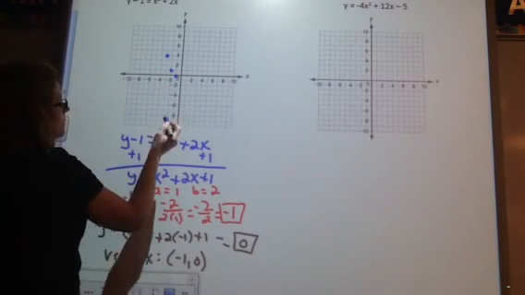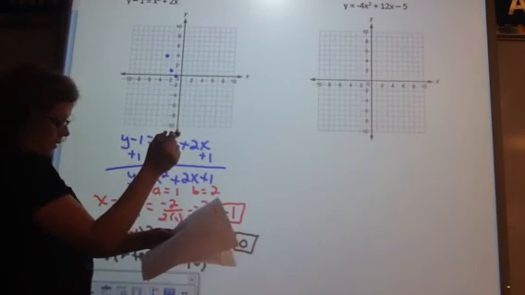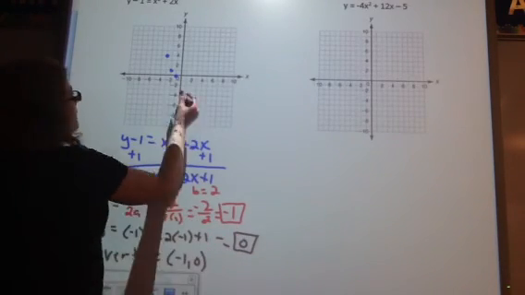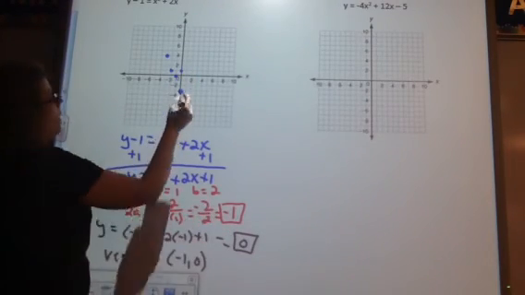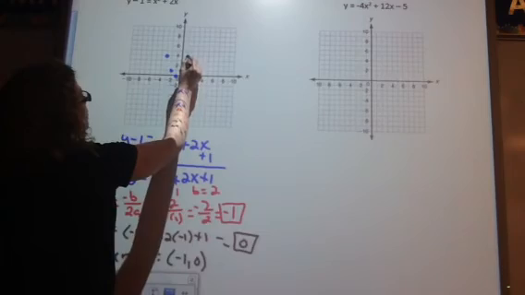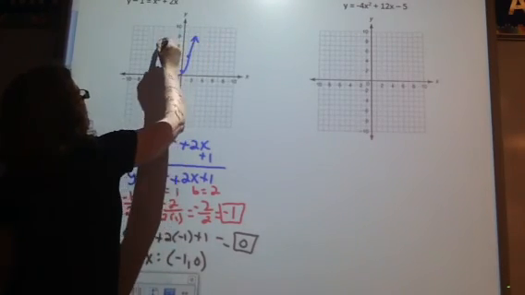There's my vertex. Then I had 0, 1, and then I had 1, 4. And there's my parabola.